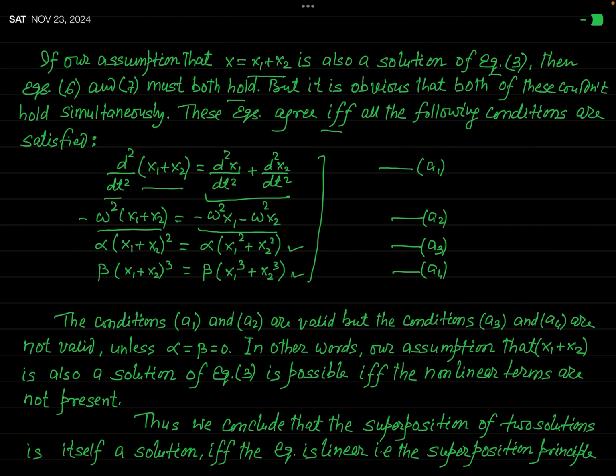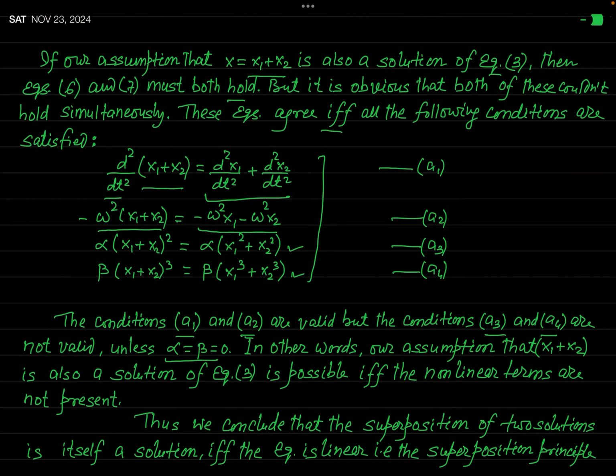But when you see these conditions, you can see that the first two conditions, that is A1 and A2, are true, or you can say valid. But the last two conditions, that is A3 and A4, are not valid. Actually, these will be true only when alpha and beta both vanish, both are zero.